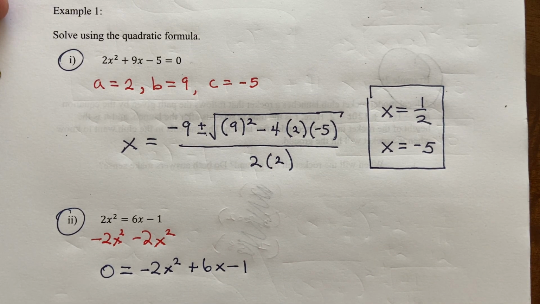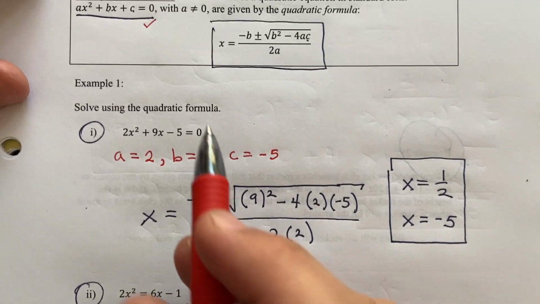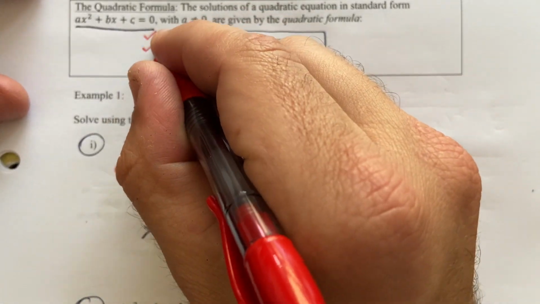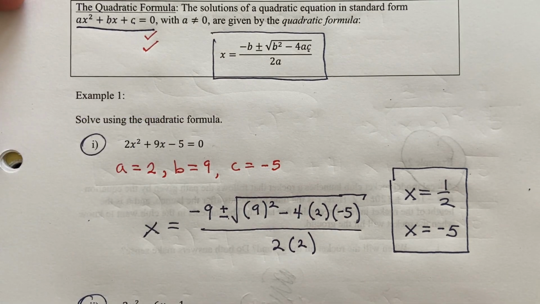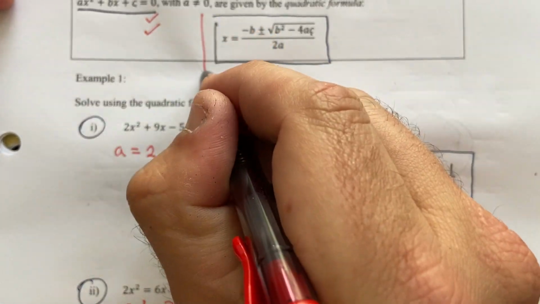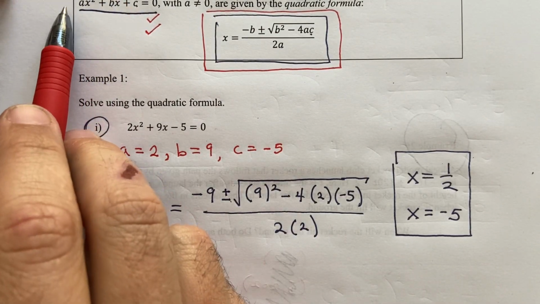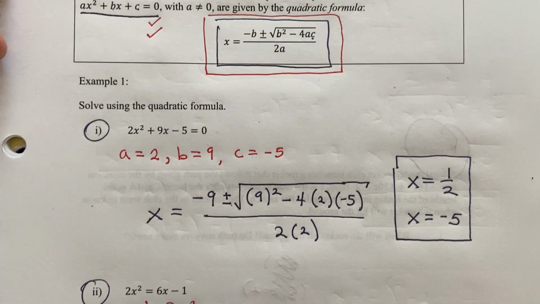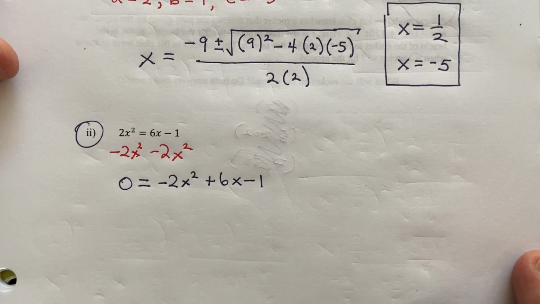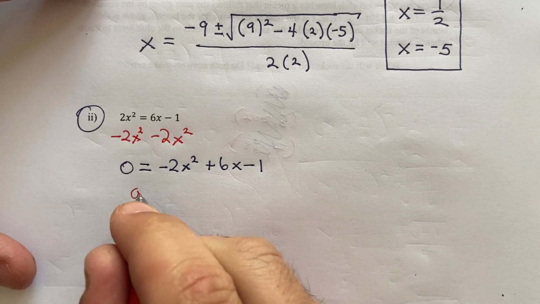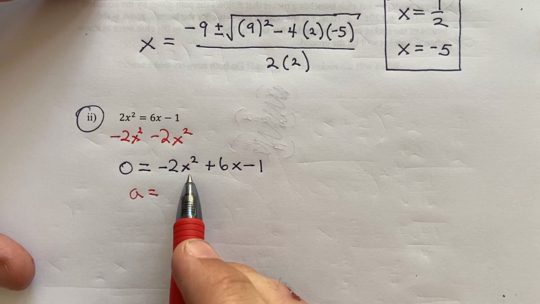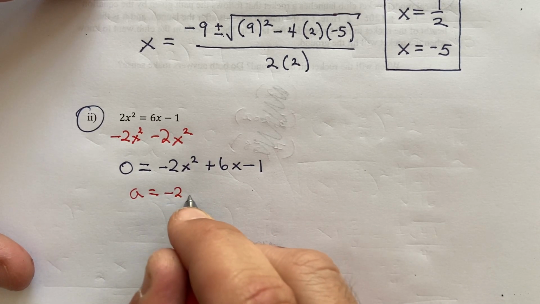So in this case, now I do have that this thing equals 0. So now I can go ahead and use this formula. It's not until it equals 0 that you have properly defined a, b, and c. So a is always attached to the squared term. So that's negative 2.